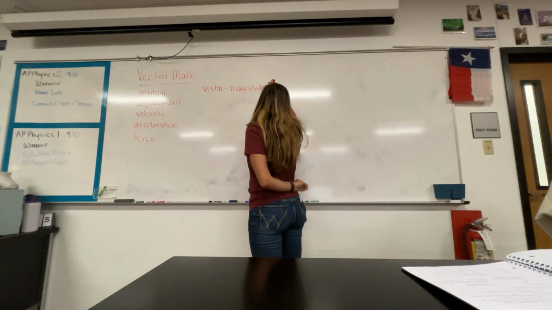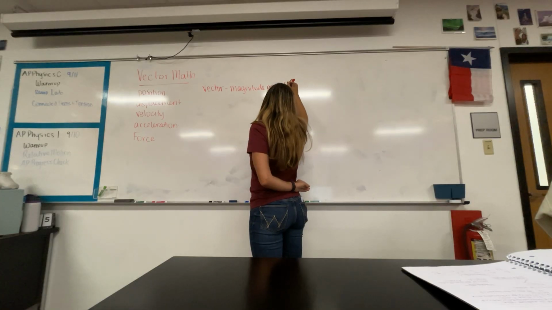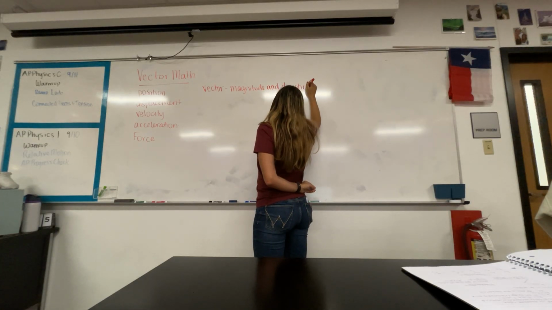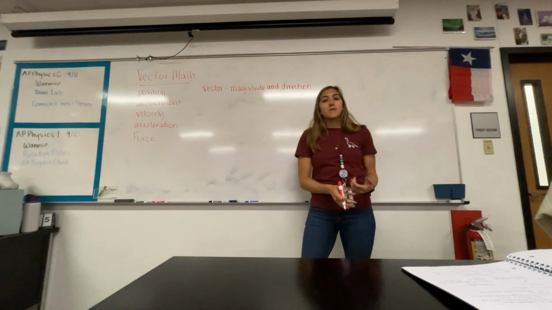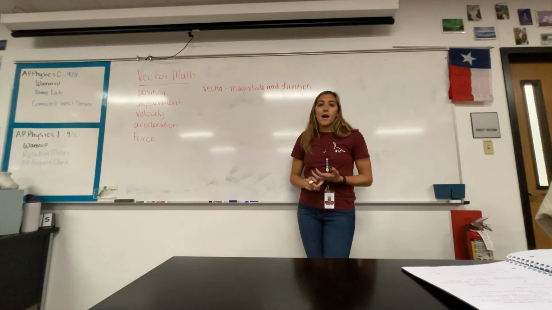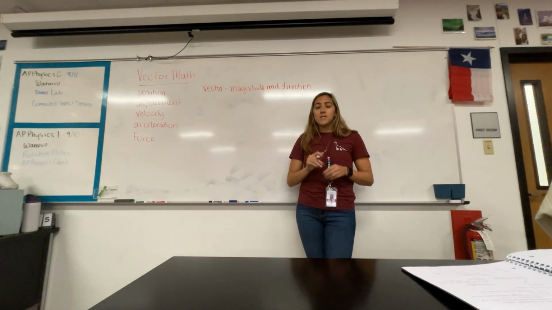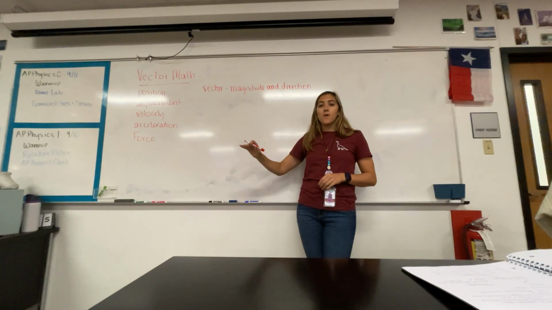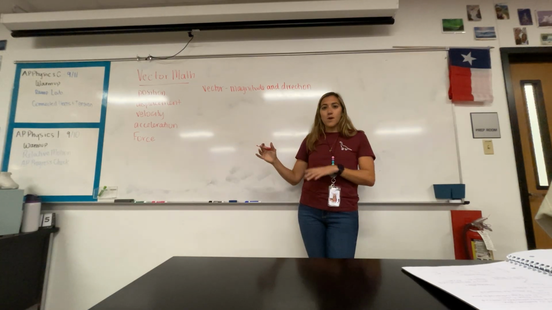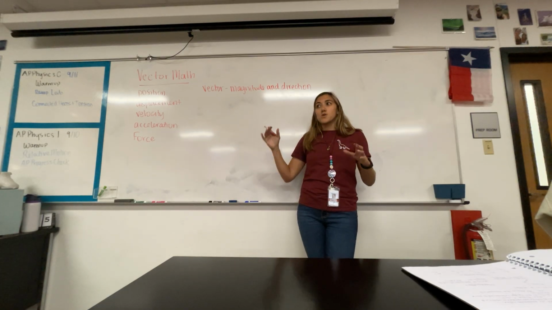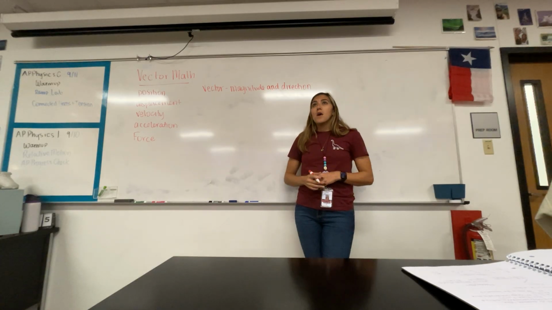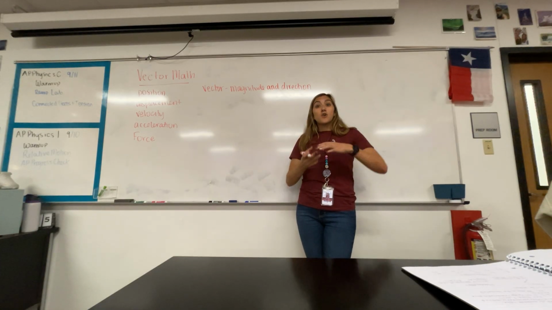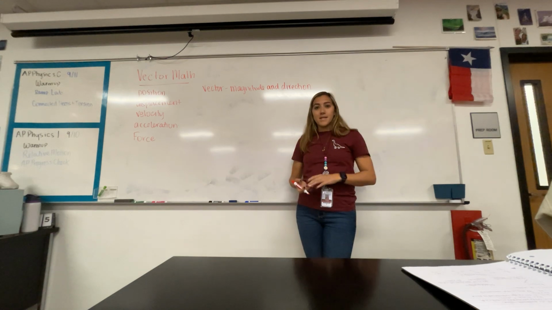But a vector has magnitude and direction. That typically looks like a positive or negative if we're talking about one-dimensional motion. So if I'm going horizontally, I might be going in a positive direction or a negative direction. That's to the right or to the left. If I'm, let's say, traveling in the vertical, that could be up and down.